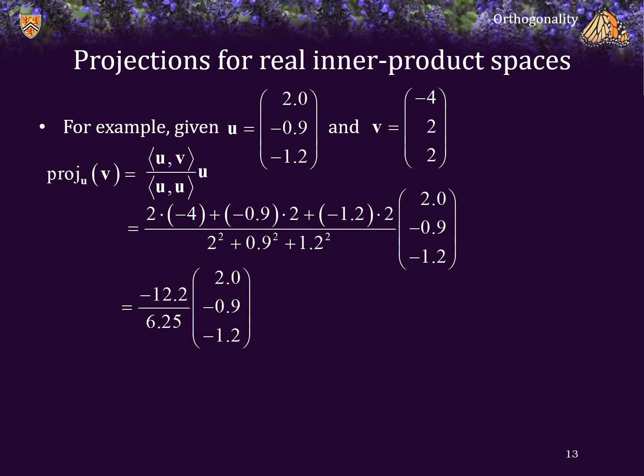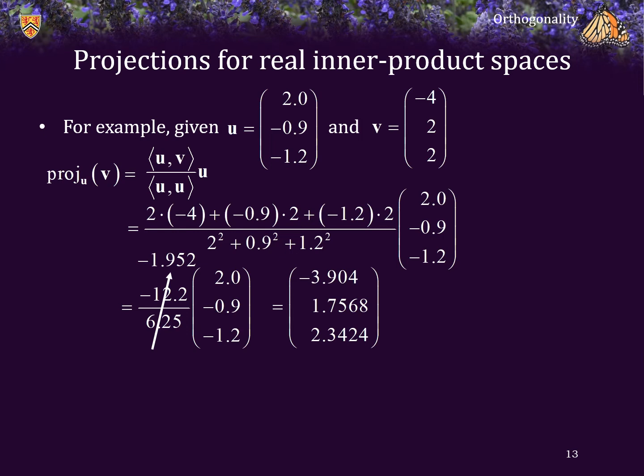Now, this works out to this value here, and that ratio equals -1.952. So when we multiply the vector u by that scalar, we get this vector here, which, yes, is reasonably close to the vector v. As you can see, the vector v is not a scalar multiple of u, but it's pretty close to -2 times the vector u.